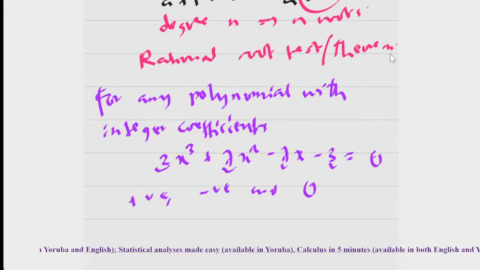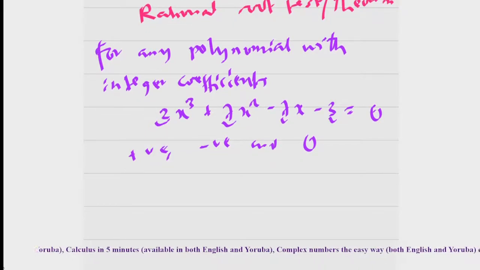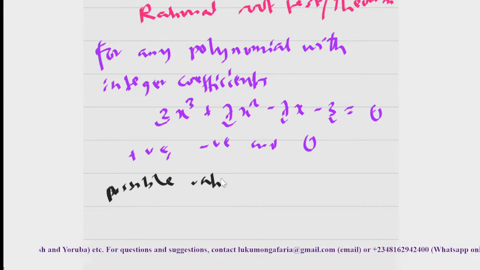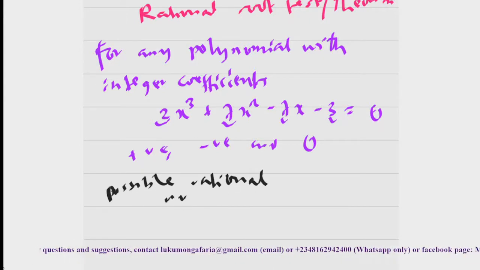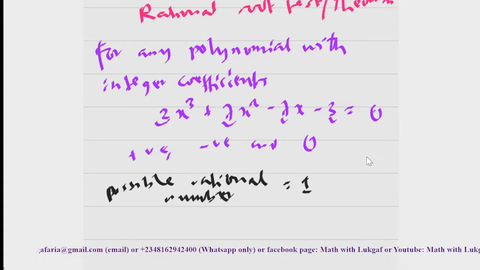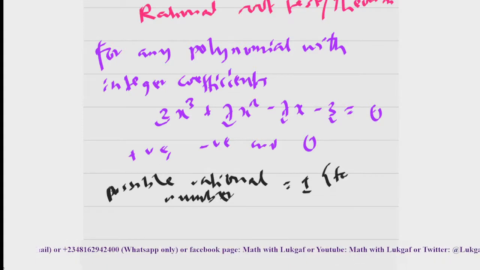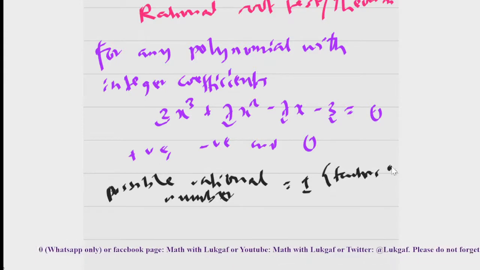So when you have a polynomial with integer coefficients, then what the rational root theorem is saying is that you are going to have the possible rational roots, which will be plus or minus the set of factors of the constant term.